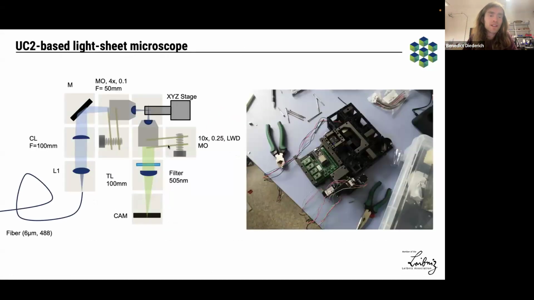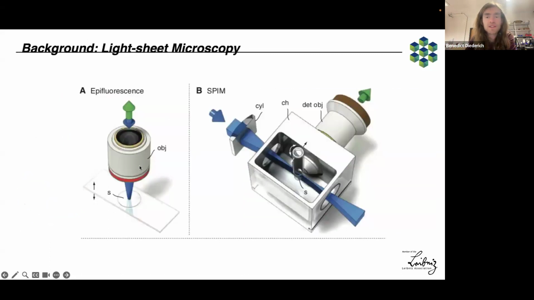So how do you do that in Cube? It's relatively straightforward. You have, for example, a laser that's either coming through a fiber or just out of a laser diode. You shape it with a cylindrical lens. The cylindrical lens shown here has only a single focus, which means it's not spherically shaped, it's just like a cylinder that's cut away.